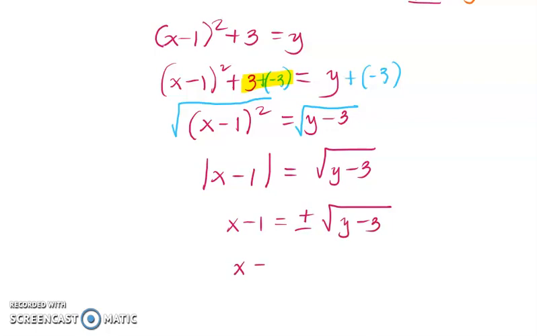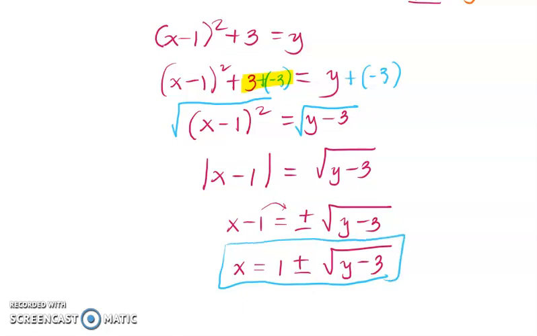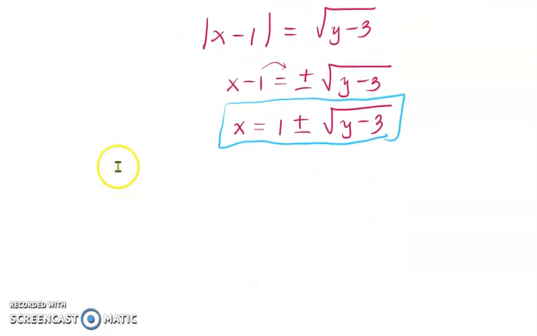So x is equal to, we add positive 1 again so that this becomes 0, or just transpose that to the other side. You just have x is equal to 1 plus the square root of y minus 3. In effect, we now have a value of x for any value of y greater than or equal to 3.